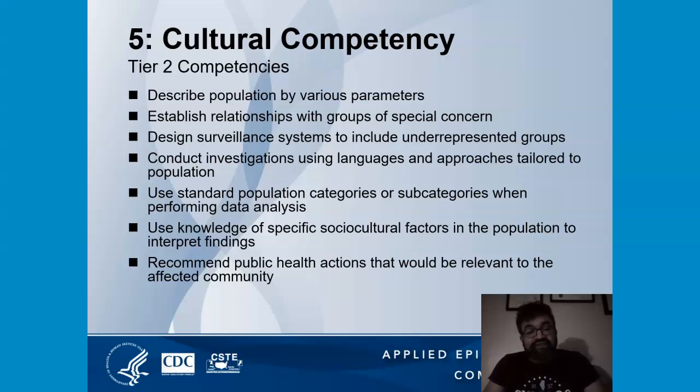Also, designing surveillance systems to include underrepresented groups. There are vast amounts of data and information in the context of the majority, but the minority groups are not represented. Conducting investigations using languages and approaches tailored to the population.